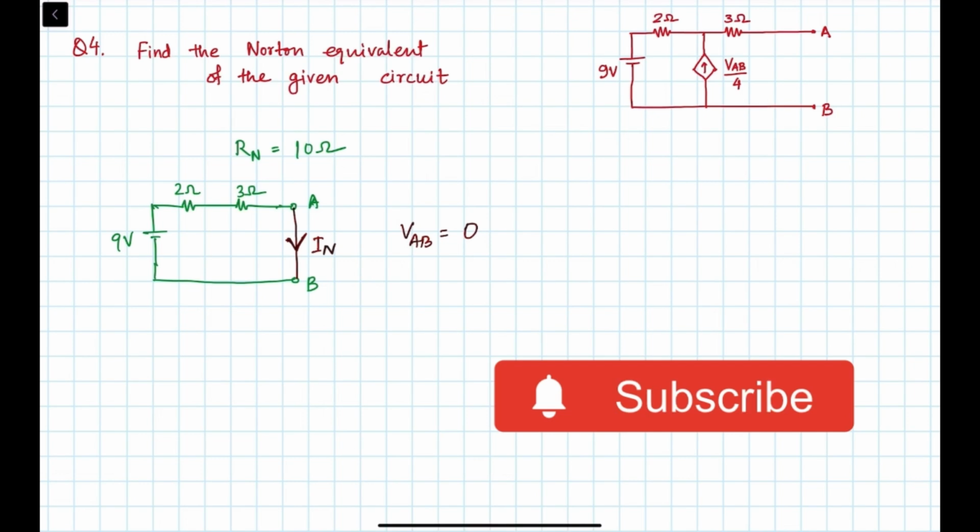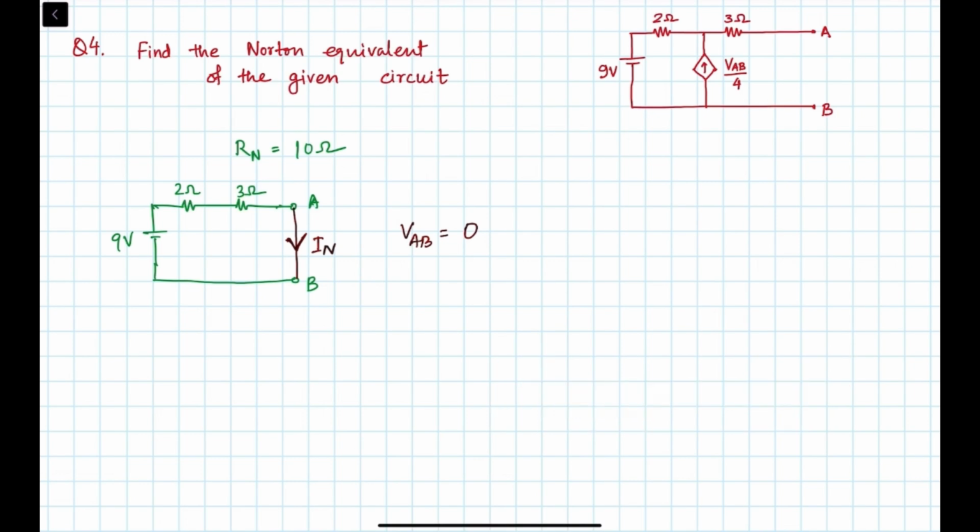Okay, now you've got a simple circuit and you can easily find the current. How? Use the KVL, or directly you can just use V by R. So the voltage is 9 and the resistance in the circuit is 2 plus 3, that will be 9 by 5, and that will give you 1.8 ampere. Okay, so we can represent this circuit how?